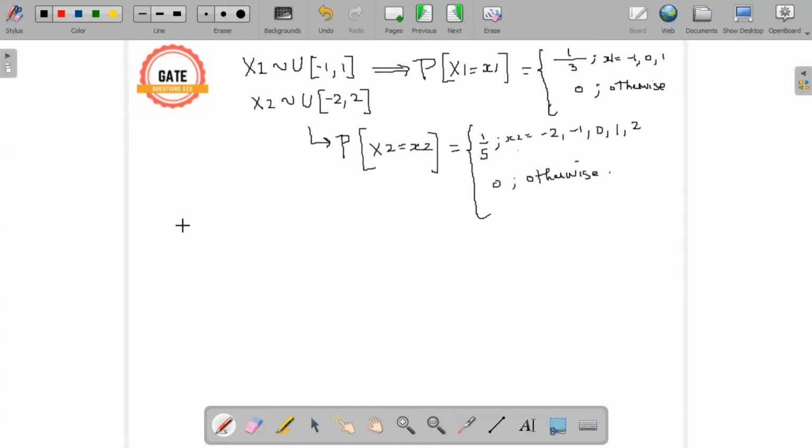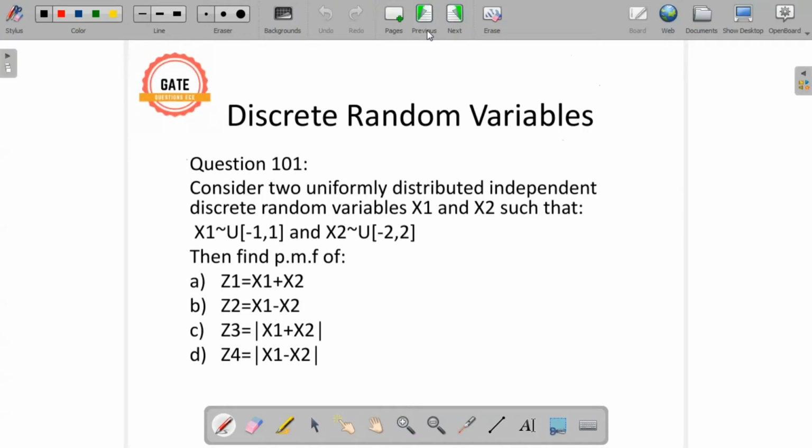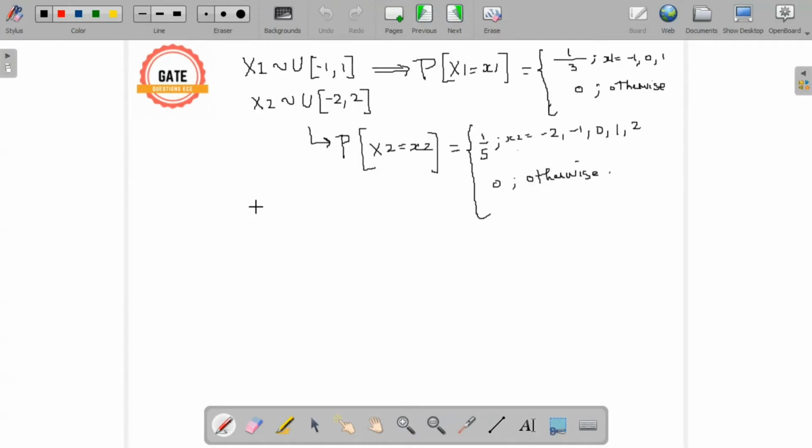Okay, so now we need to find out the probability Z1 is equal to small z1. Z1 is given as the sum of x1 plus x2.